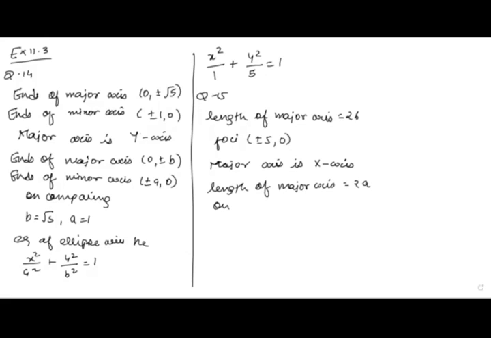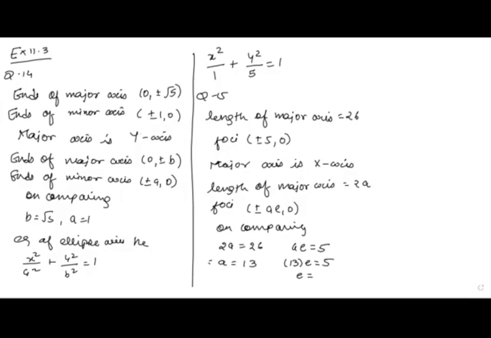So on comparing, along with the focus also lies on plus minus a, 0. So on comparing, I will have 2a as 26, whereas ae as 5. Therefore, the value of a will be 13, and keeping the value of a in this, I will get the value of eccentricity as 5 by 13.